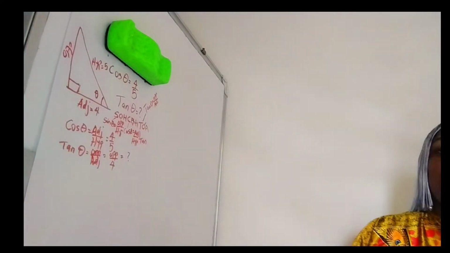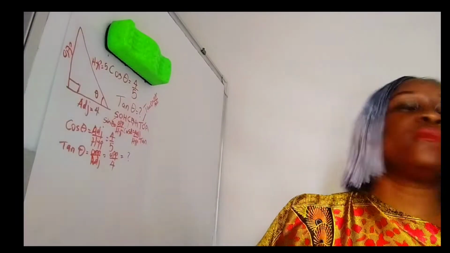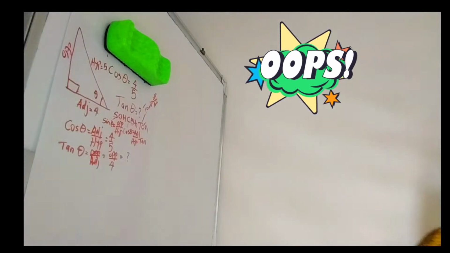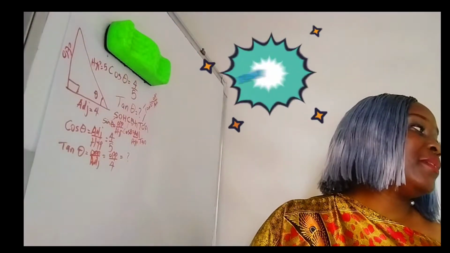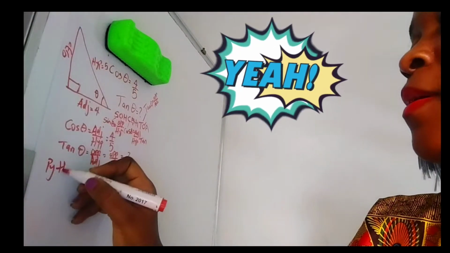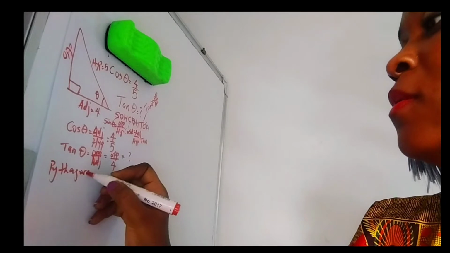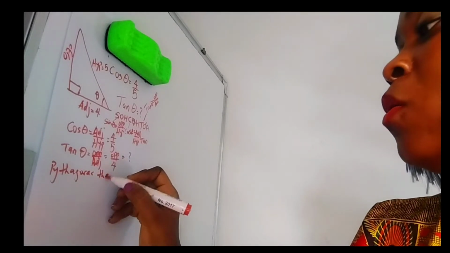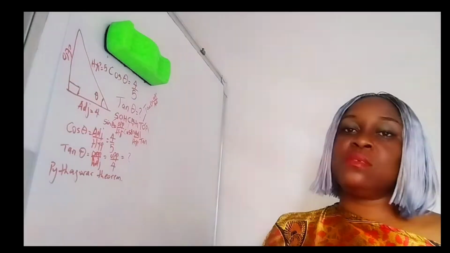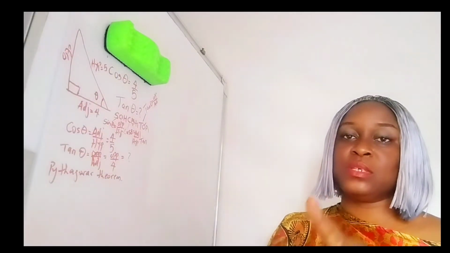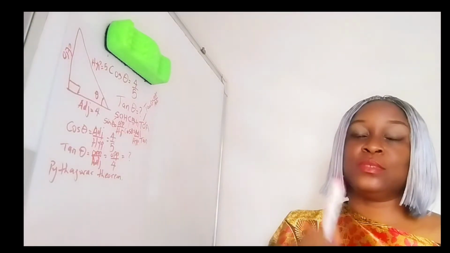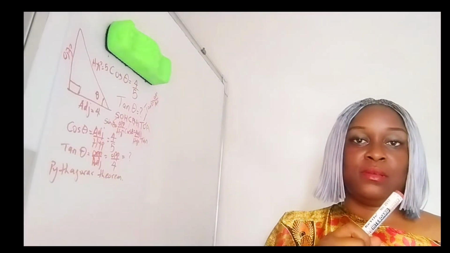Which other law can we use to find this opposite? Pythagoras theorem. Pythagoras theorem is a very key and important theorem in the law of right-angled triangles and mathematics.